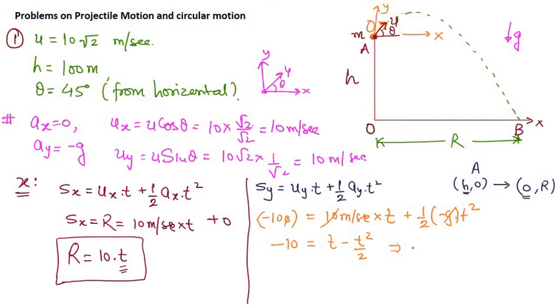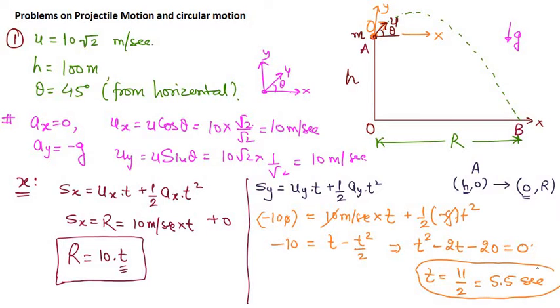This is a quadratic equation. If you solve it, the equation becomes t square minus 2t minus 20 is equal to 0. When you solve this equation using the formula with the square root of b square minus 4ac, you will get approximately 5.5 seconds.